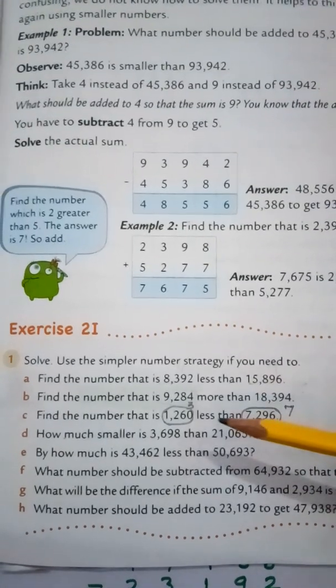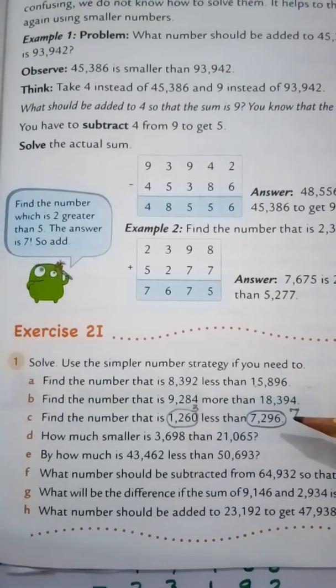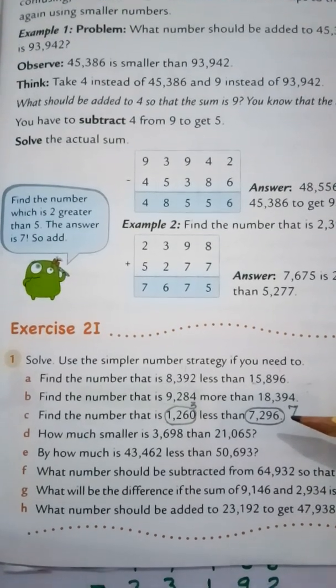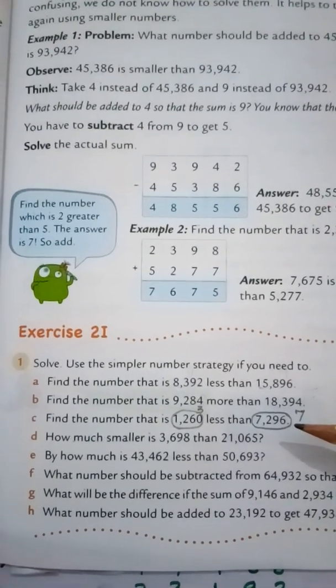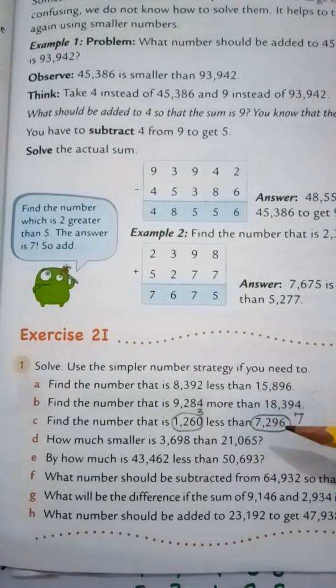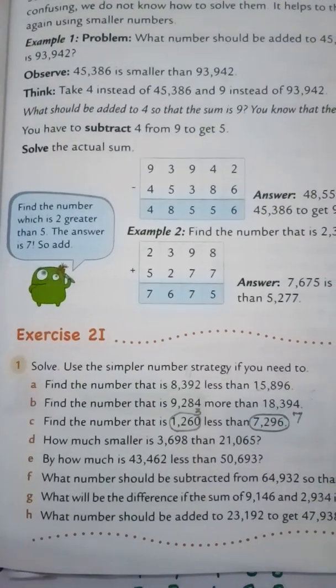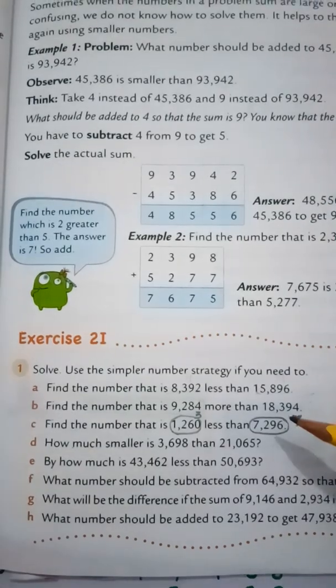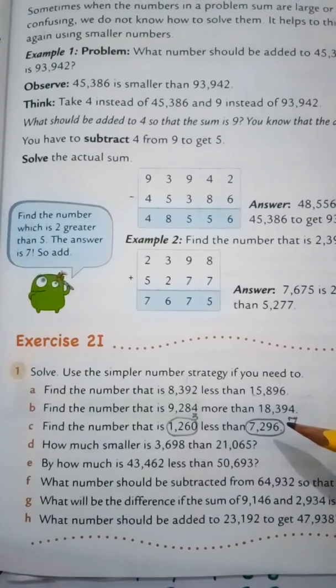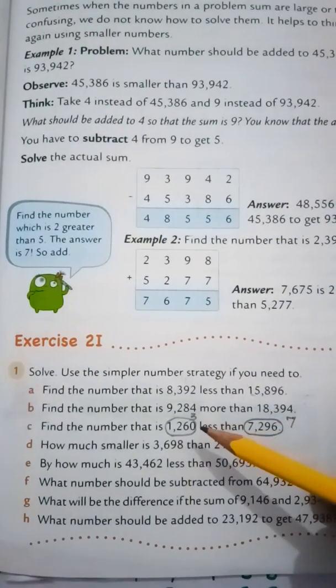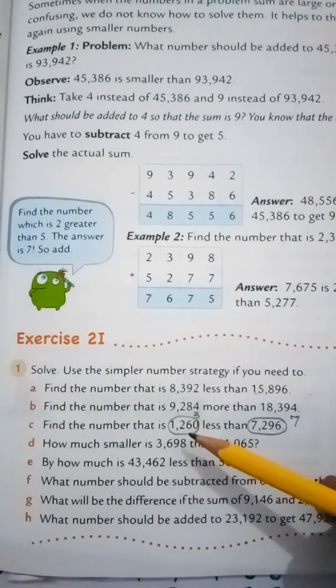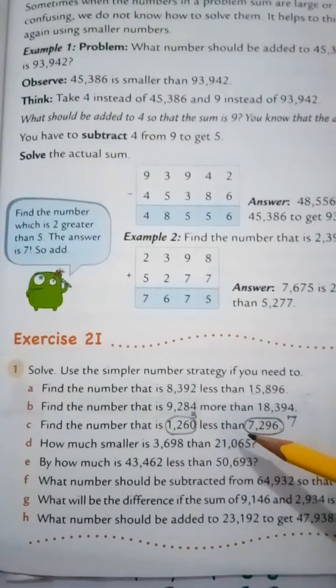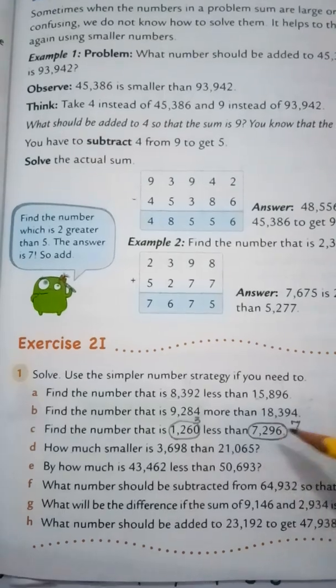When you subtract 3 from 7, you know that the difference is 4. So the number 4 is 3 less than 7. So if we are subtracting 3 from 7 to get the answer, in the very same way we should subtract 1260 from 7296 to get the answer.